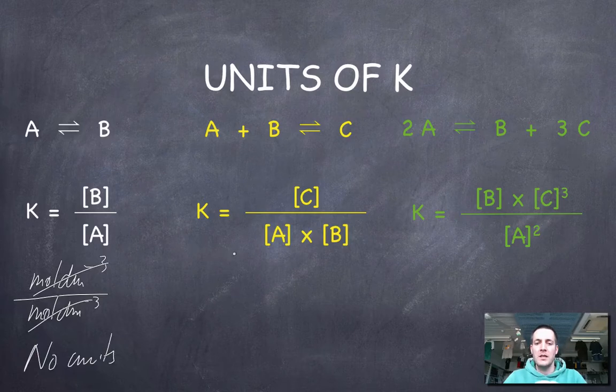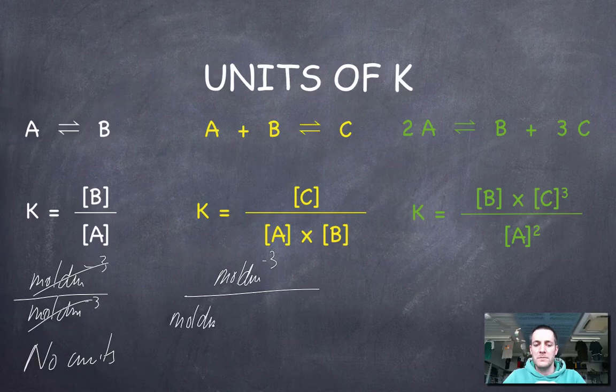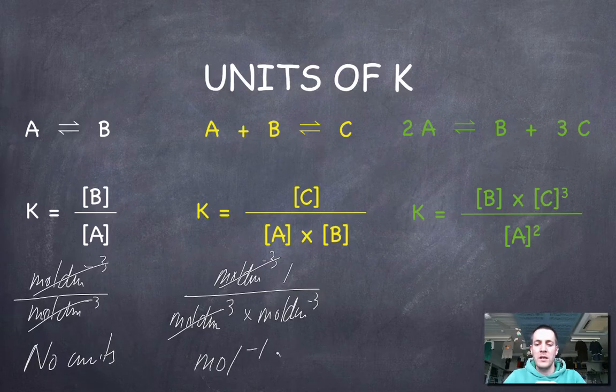In this case, we've got moles per dm cubed divided by two moles per dm cubed terms, times moles per dm cubed, and although those cancel, we're left with this, so this is now 1 over moles per dm cubed, and that is the same as saying moles to the minus 1 dm cubed, not per dm cubed anymore, but dm cubed.